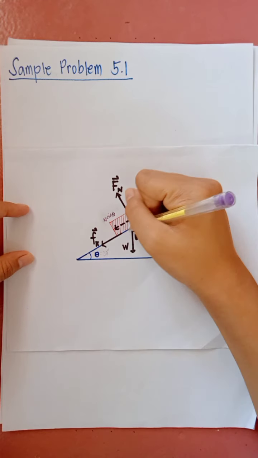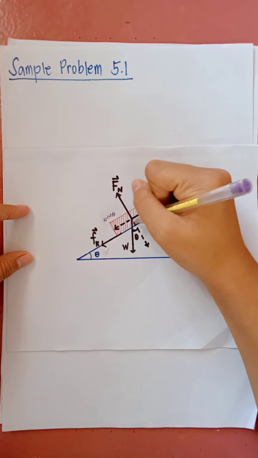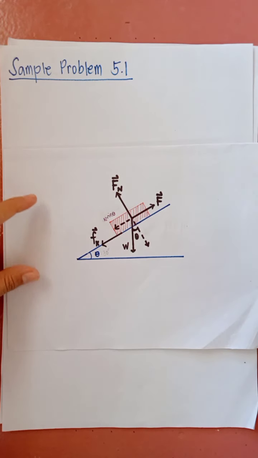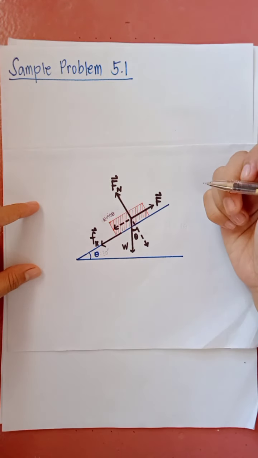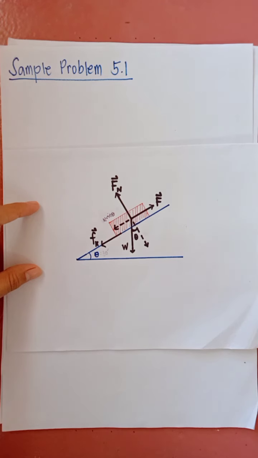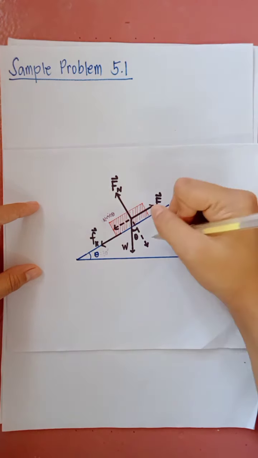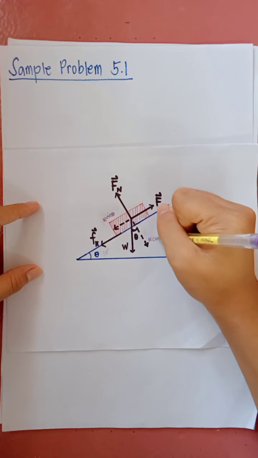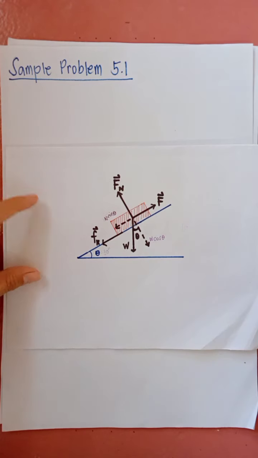It obviously forms 90 degrees, so that is perpendicular. And for that, we have W cosine theta.